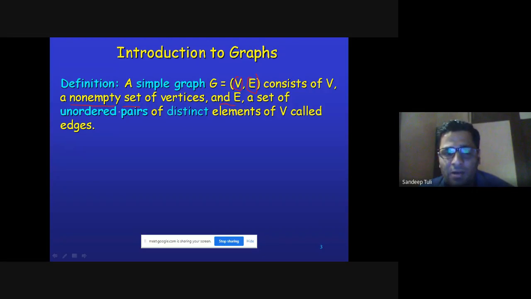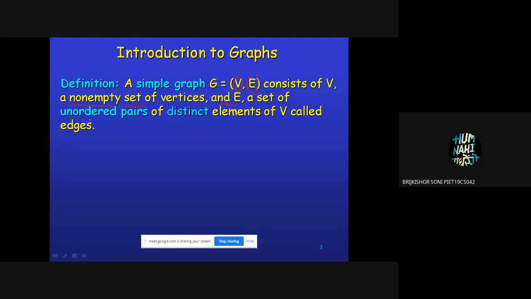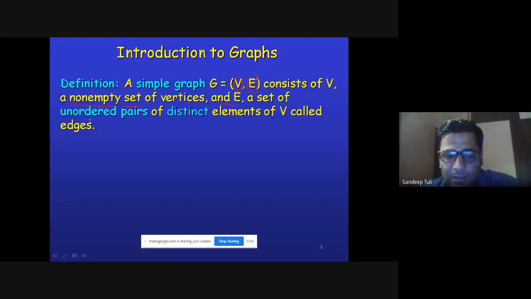An unordered pair. What do you mean by unordered pair? Anyone else? Can anybody explain the term unordered pair? Sir, may I explain? Let someone else explain. Everyone should get a chance. Unordered pair, what do you mean by unordered pair?